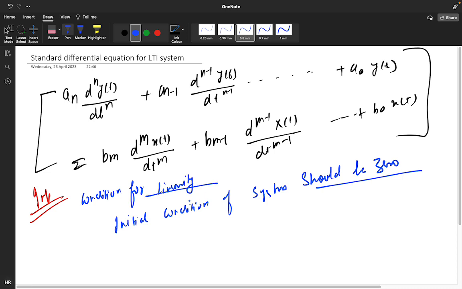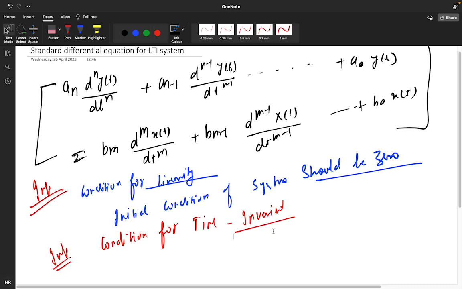And the condition for time invariance, since LTI means linear time invariant.